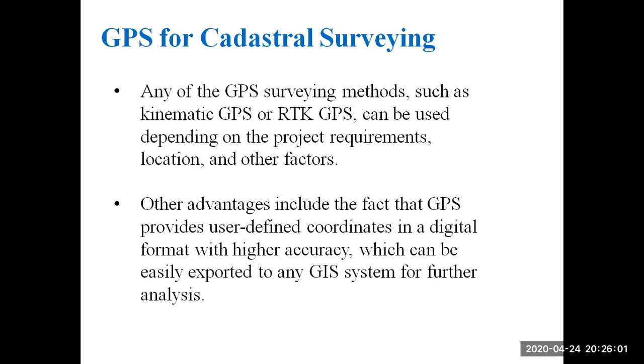Any of the GPS surveying methods such as kinematic GPS or RTK GPS can be used depending on the project requirements, location and other factors. For cadastral surveying, we can use either kinematic GPS or RTK GPS depending upon the requirement.